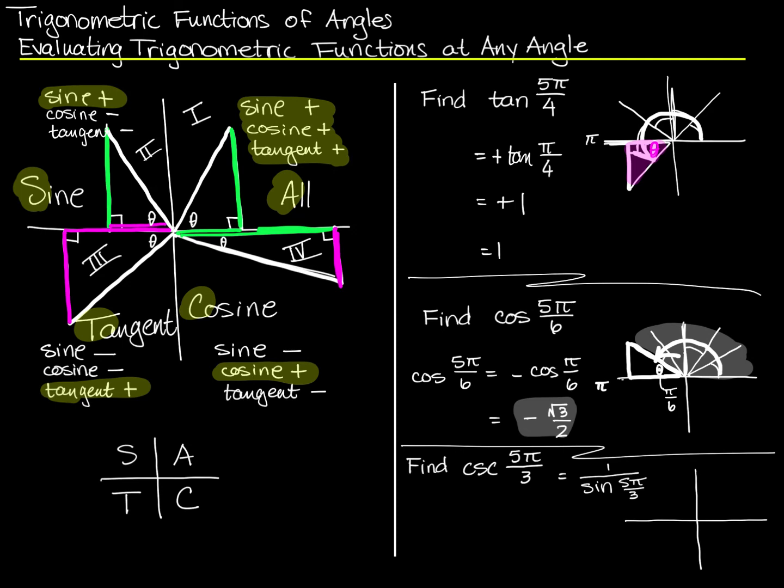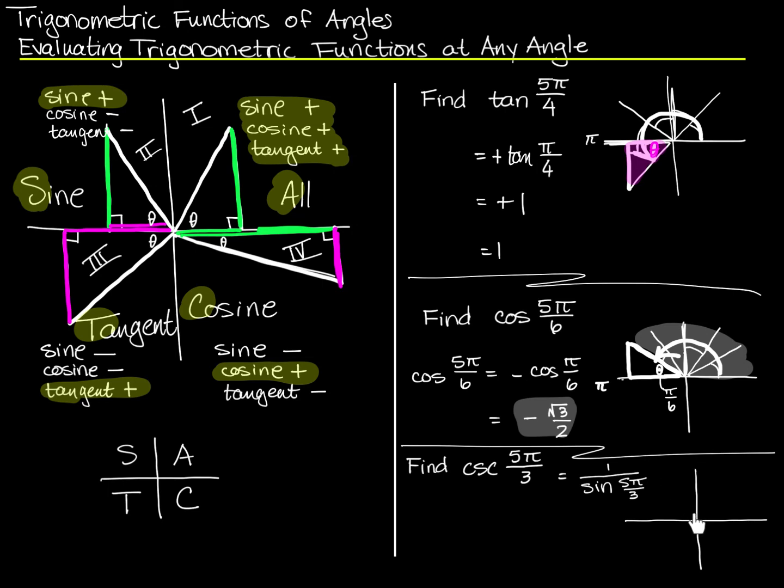All right, let's figure out where 5 pi over 3 is. Pi over 3 is 60 degrees. That's about here, 1 pi over 3, 60 degrees, right? You have 30, 60, 90. A second one of those is about here.